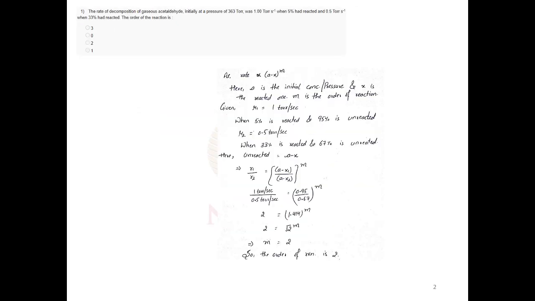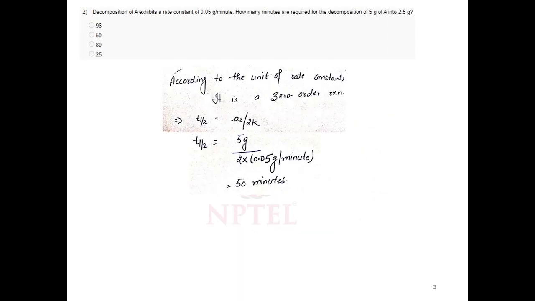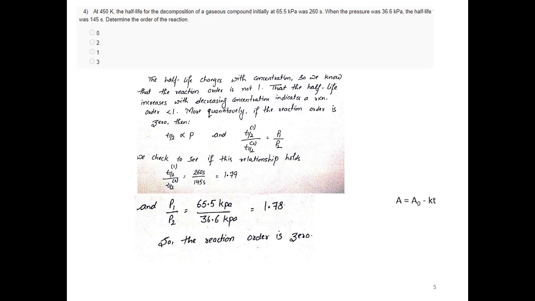So initially you need to find the value of the order of the reaction, that is 2, and in this case your half life is 50 minutes, and here the ratio of old and new reaction, so it is 2 to the power n minus m, and in this case 4 is equal to 0 minus kt.